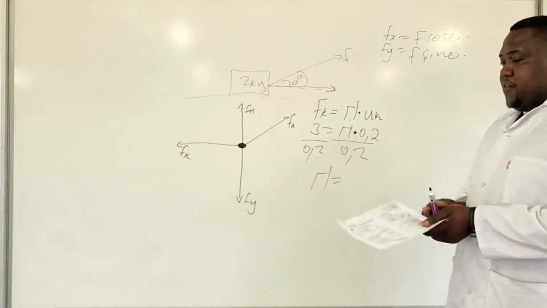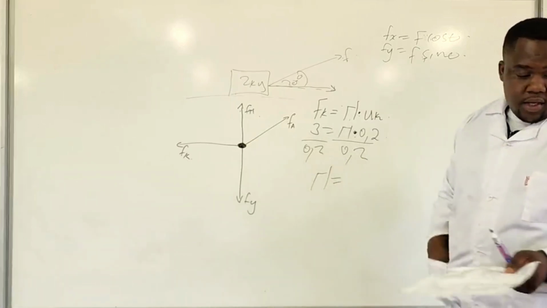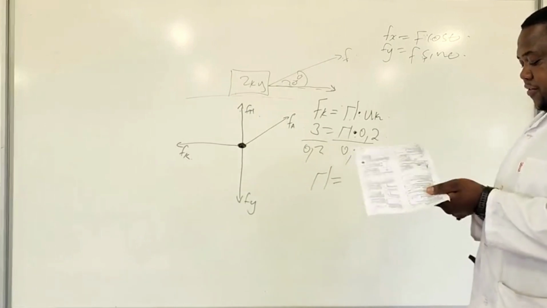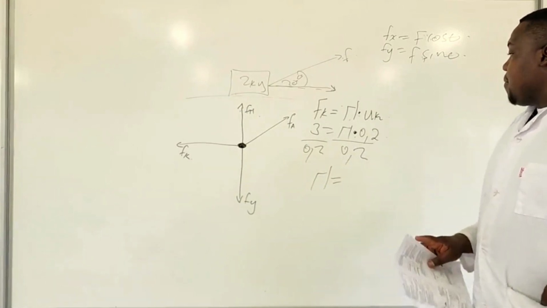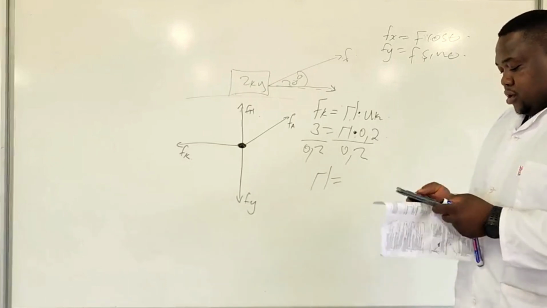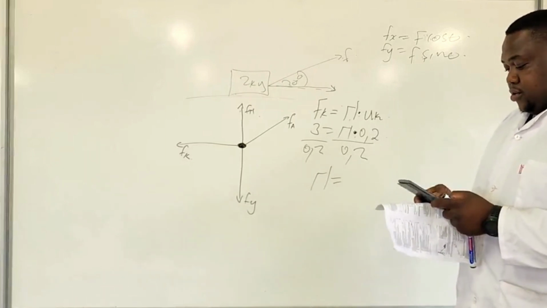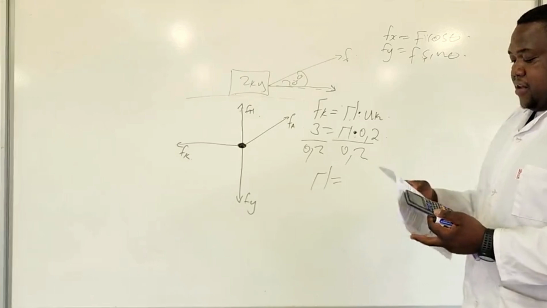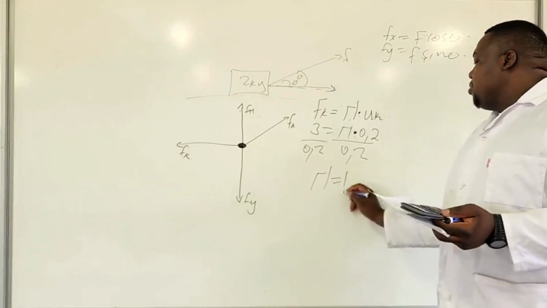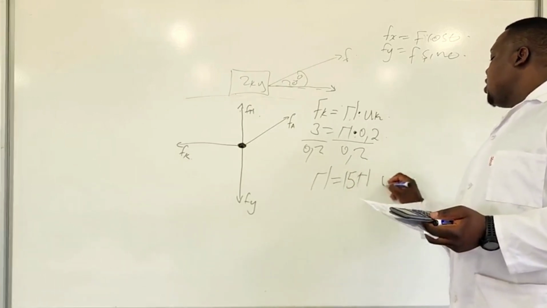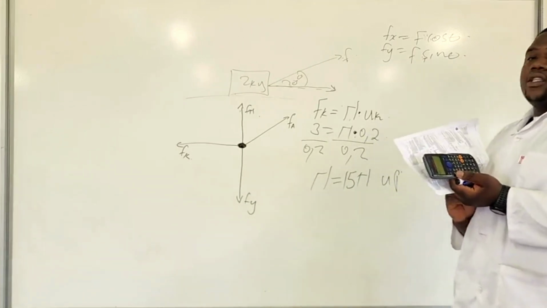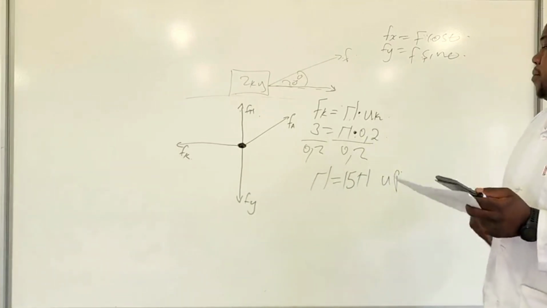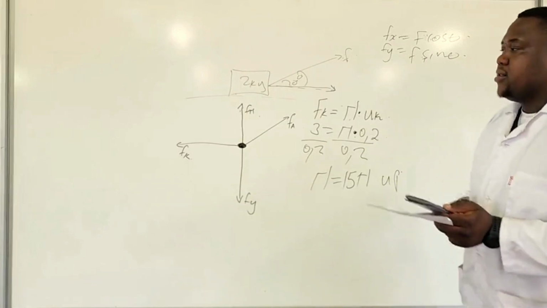Then the normal force is equal to 3 divided by 0,2, and that will be 15 Newton. So it means we have 15 Newton up. That is the magnitude of our normal force.